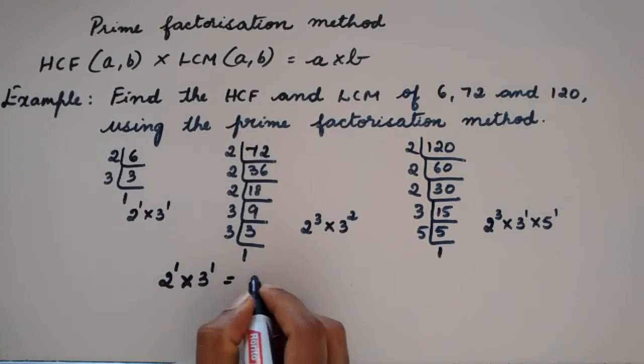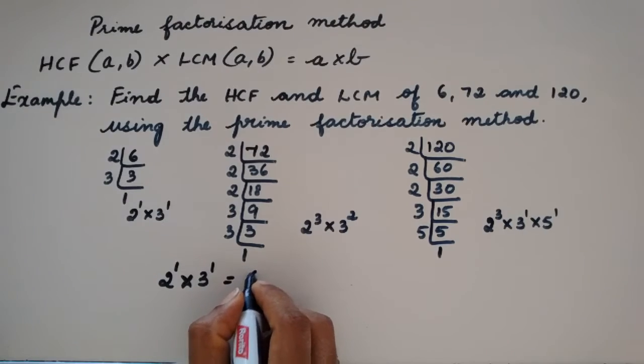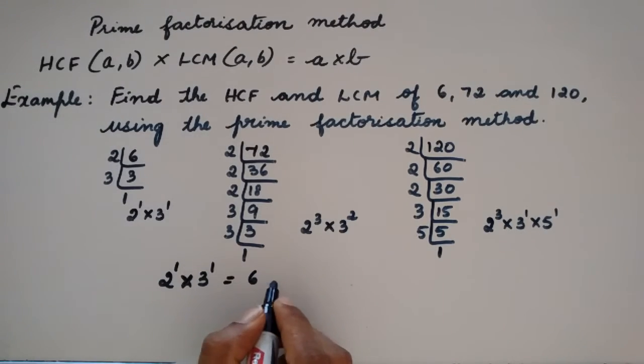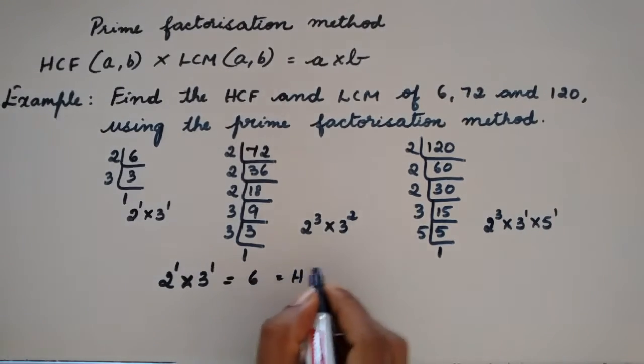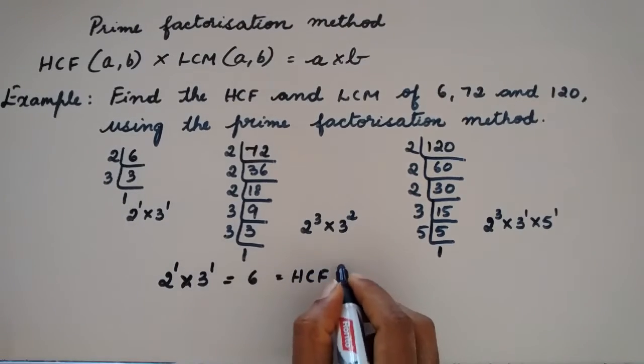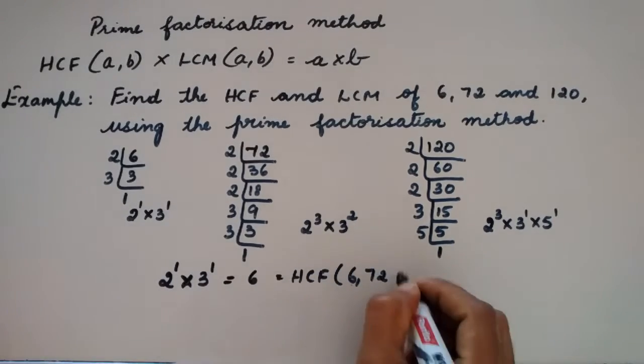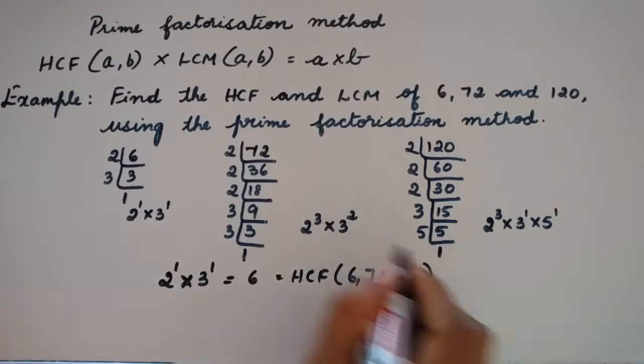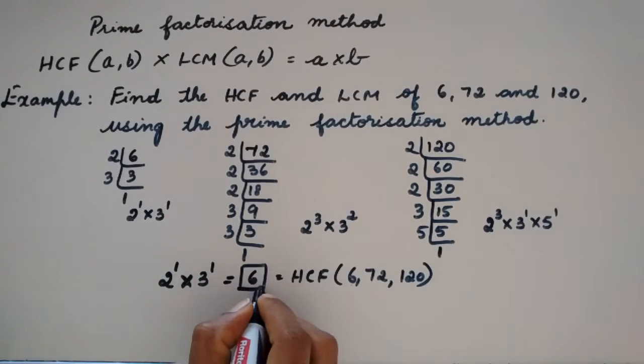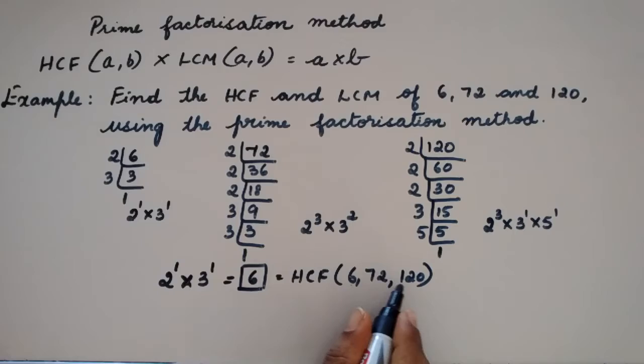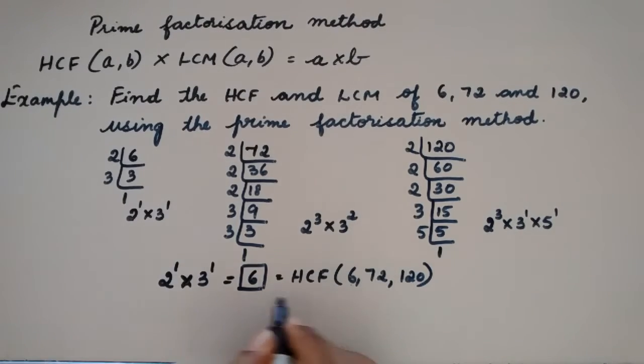So this will be equal to 2 3s are 6. And this is the HCF of 672 and 120. Okay, so HCF of 672 and 120 is 6.